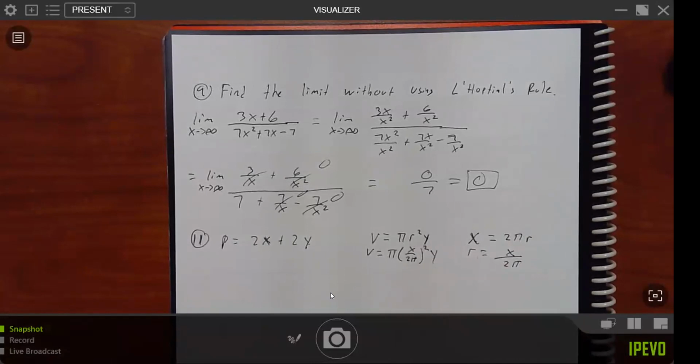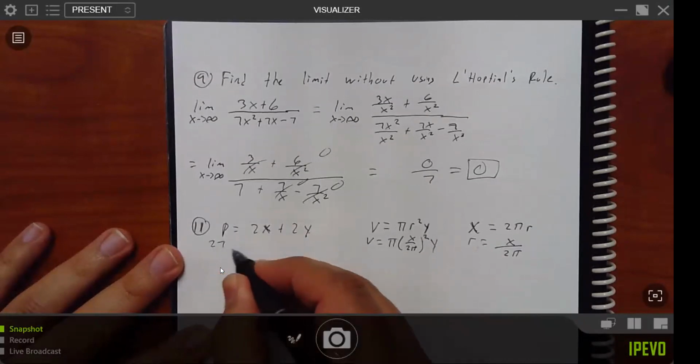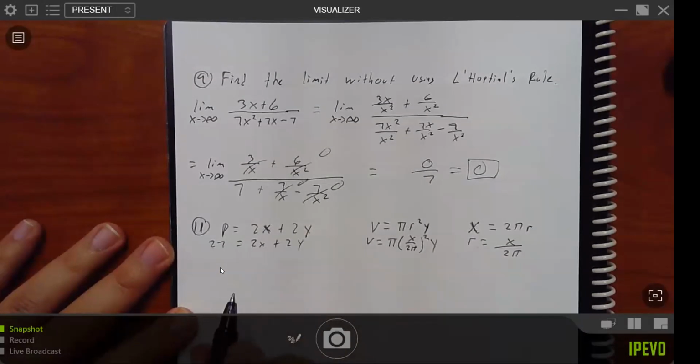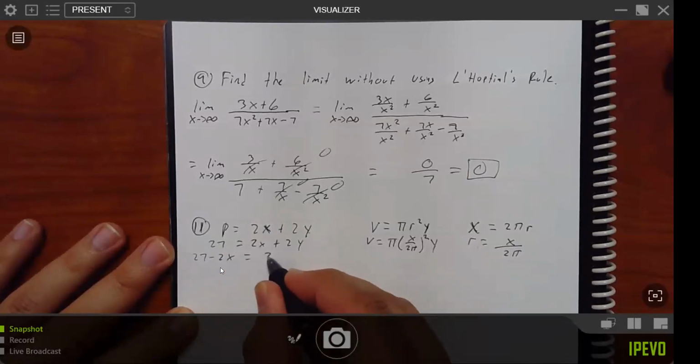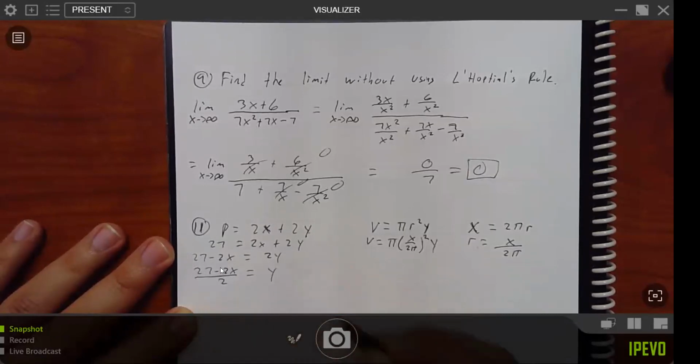Okay. Does this make sense so far? What we're doing? Okay. So I'm going to use perimeter to get this in terms of one variable. They told us the perimeter was 27 centimeters. So if I solve for y, that would be 27 minus 2x equal to 2y, divided by 2, that's 27 minus 2x over 2 equal to y.